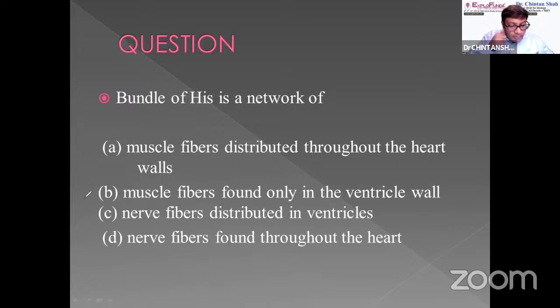These branches give rise to minute fibers throughout the ventricular musculature of the respective sides called Purkinje fibers. These fibers, along with the right and left bundles, are known as the bundle of His.